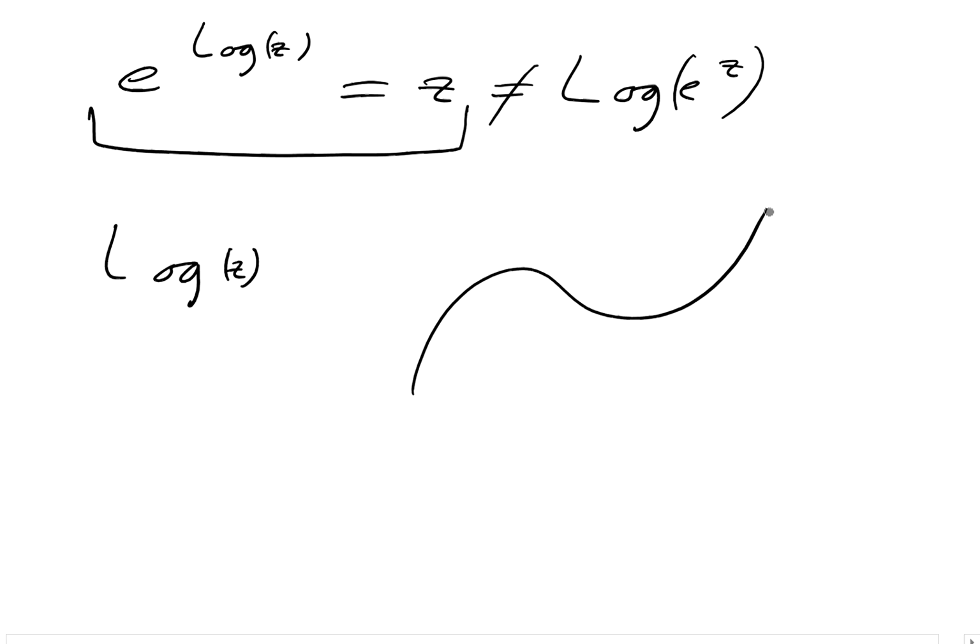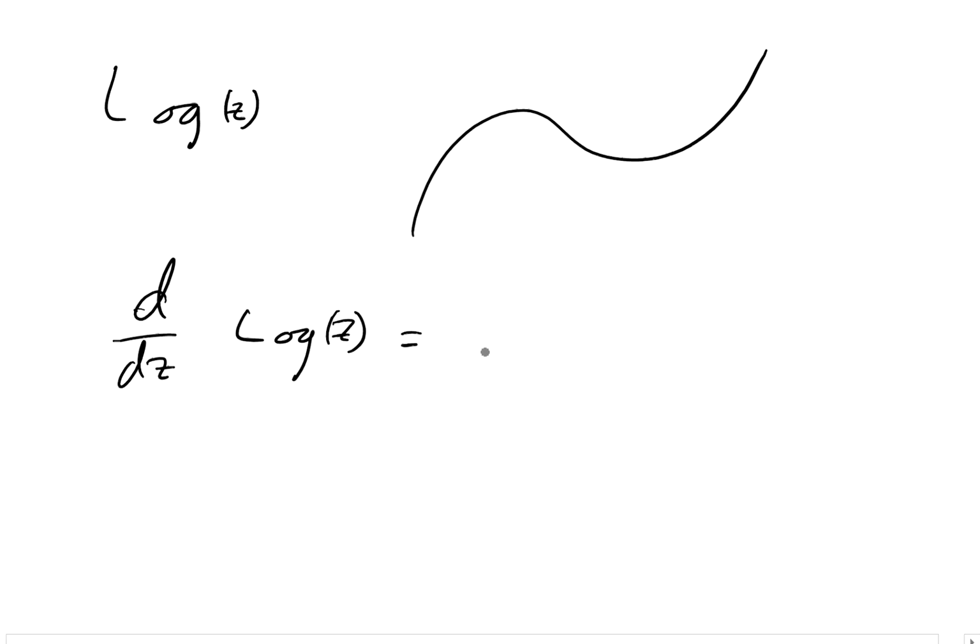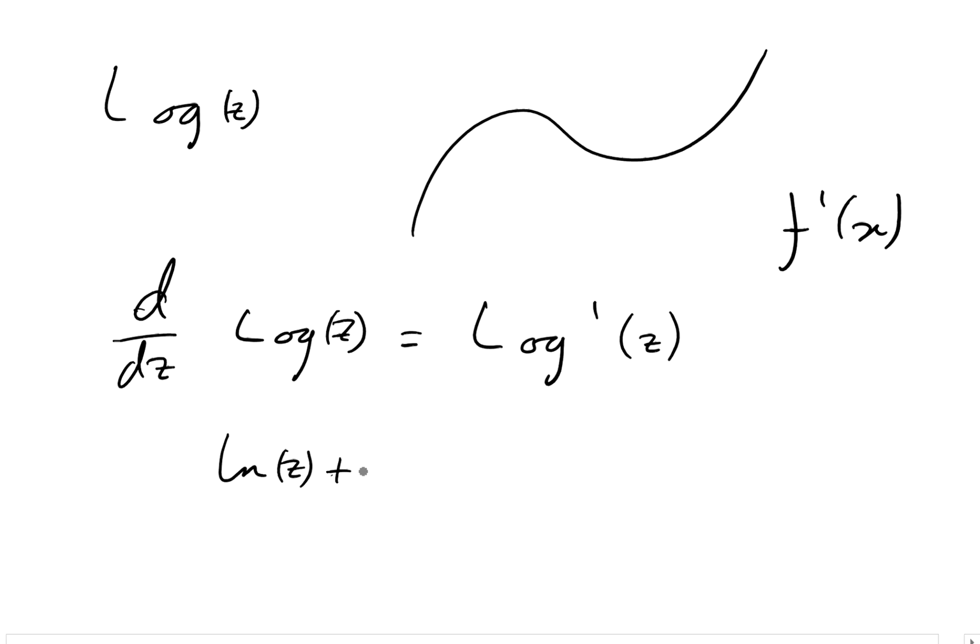So what we now need to ask is: what is the derivative of the logarithm of z? We can rewrite it as this. The function differentiated is a bit like f dash of x. Let's say log of z is just equal to ln z plus i times the argument of z.